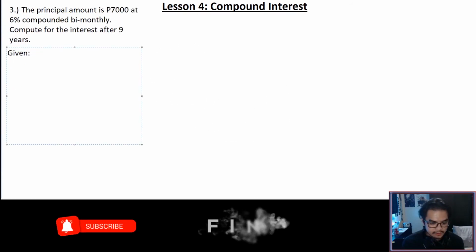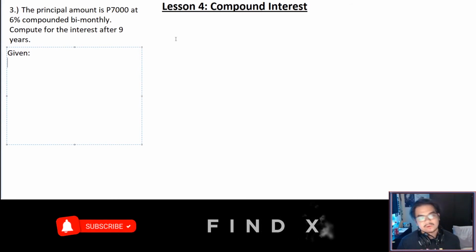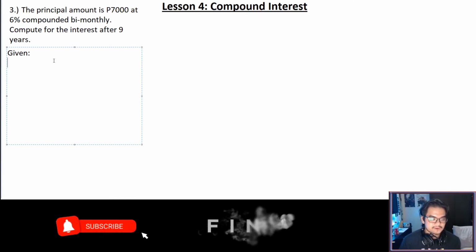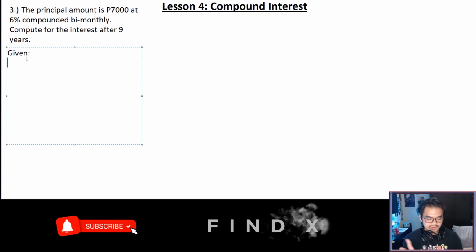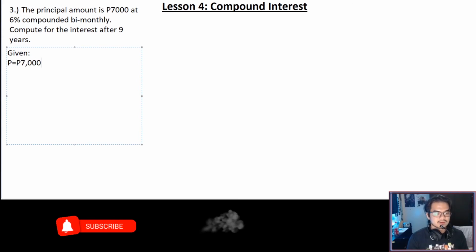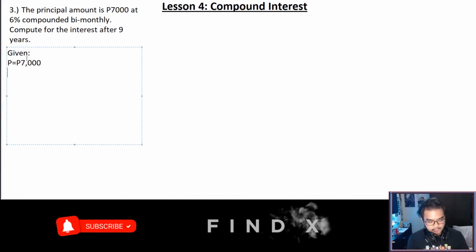Okay, so for number 3, we have the principal amount is 7,000 at 6% compounded bi-monthly. So compute for the interest after 9 years. Let's again put down all the givens. We have the principal amount, which is P, equal to 7,000. Next, 6% compounded. Again, we have the word compounded.